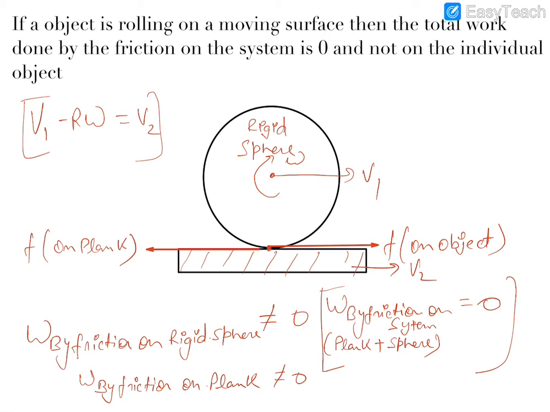So when we sum up those two work dones, which are equal and opposite in sign, then the work done by friction on this complete system would be zero. So this is the rolling friction, and we'll now be moving forward to the numericals which are based on rolling friction.